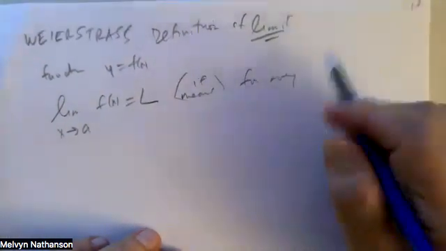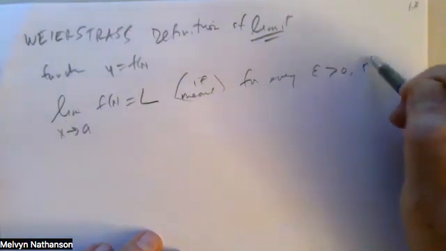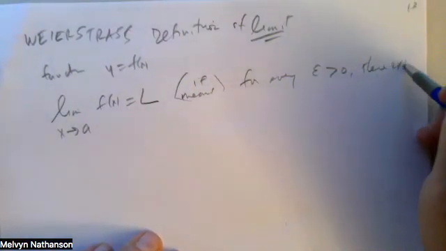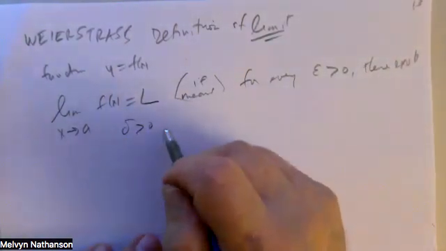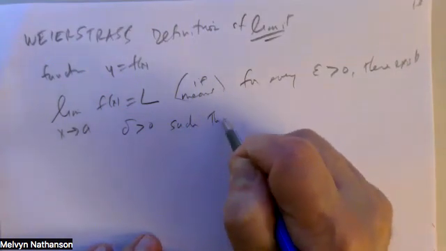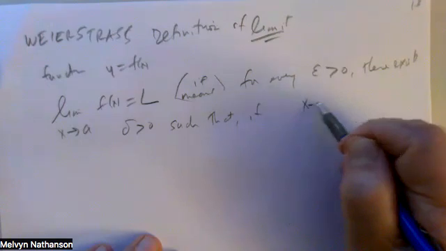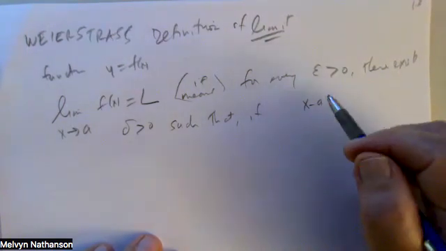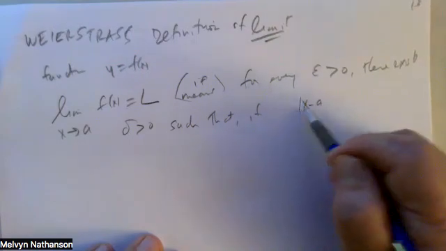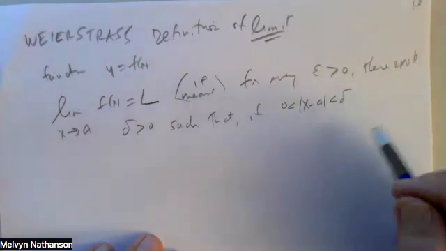This is very precise. For every epsilon greater than 0, there exists a delta greater than 0, such that if you take any x not equal to a, but within delta of a, so that the absolute value of x minus a is less than delta and greater than 0.